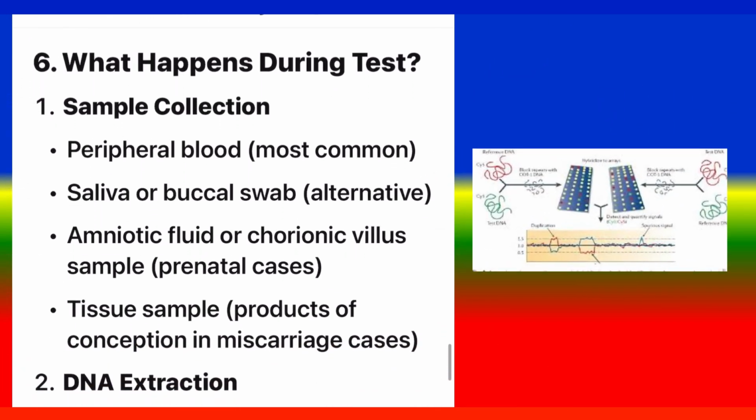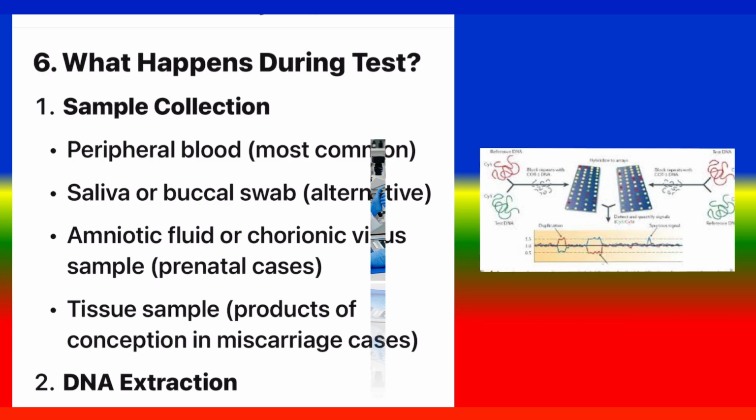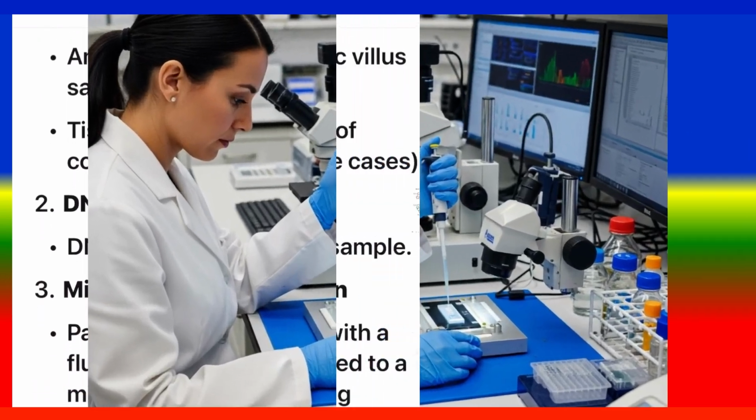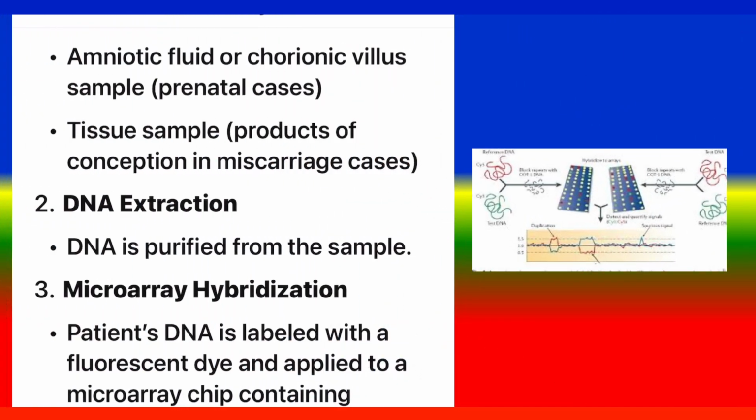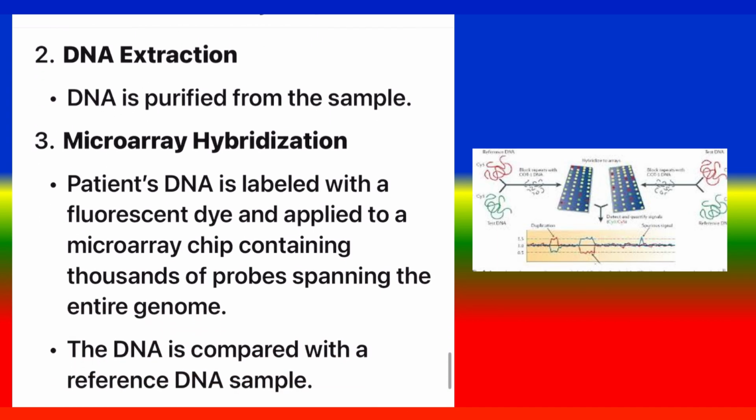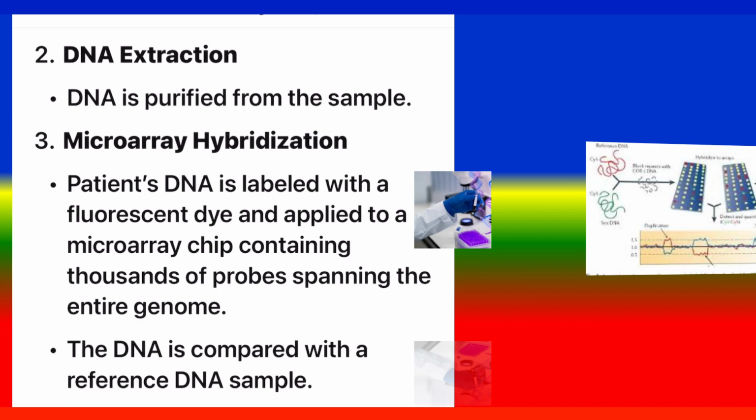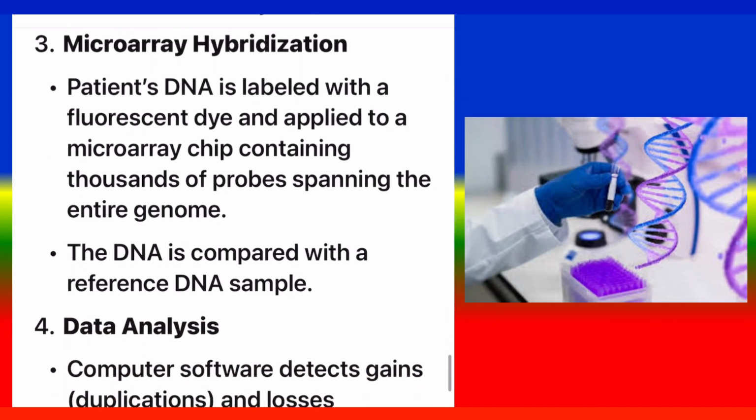6. What happens during the test? 1. Sample collection. Peripheral blood is most common, or saliva or buccal swab. Alternatives: amniotic fluid or chorionic villus sample in prenatal cases, and tissue sample, products of conception, in miscarriage cases. 2. DNA extraction. DNA is purified from the sample. 3. Microarray hybridization.